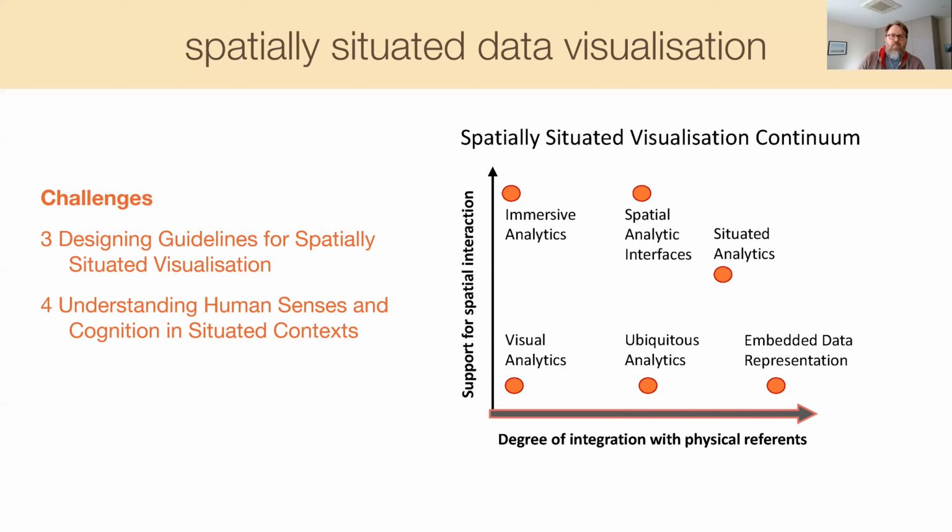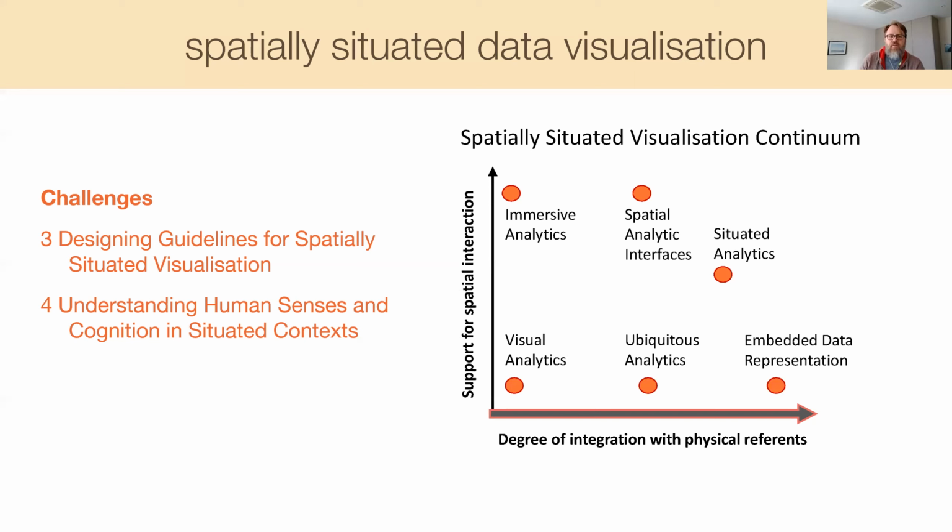On both axes, there are a lot of assumptions. When you read about immersive analytics and situated analytics and embedded data representations, there are assumptions that things like spatial interaction, and integrating data visualizations with physical reference, are going to somehow support our ability to make sense of the data or of information. And I think there's some basis for this.